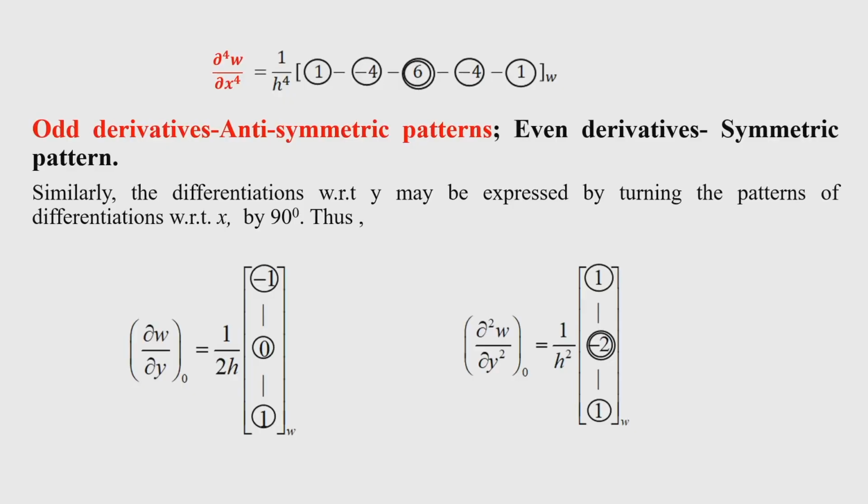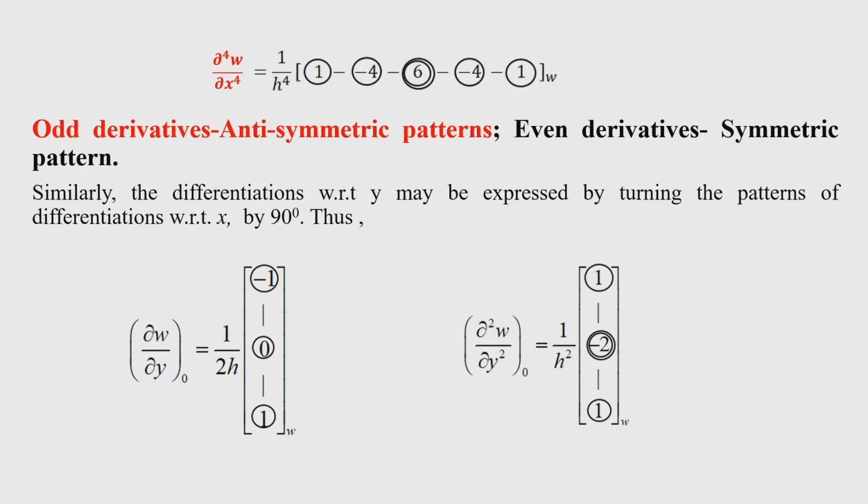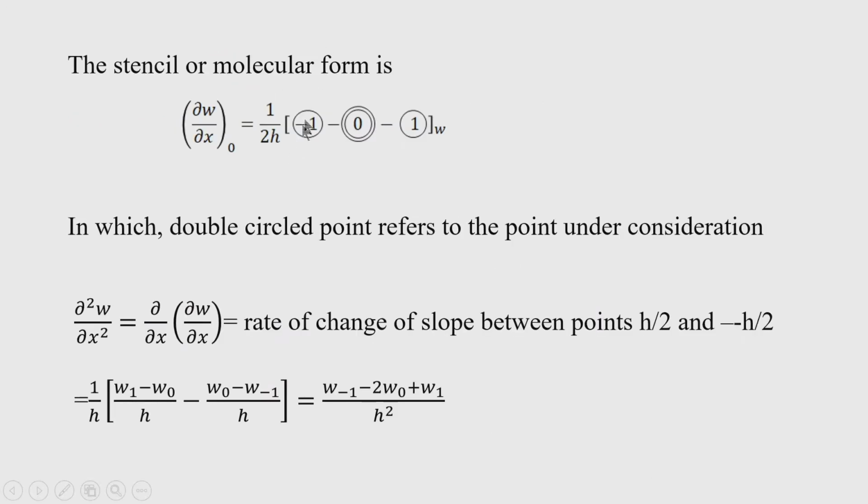Towards the right and towards the left the same coefficient appears, because it is an even order derivative, so the quantities are symmetric. You get minus 4 and 1 towards the right side, and towards the left side it is also minus 4 and 1. Interestingly, you will see that odd derivatives are antisymmetric and even derivatives are symmetric.